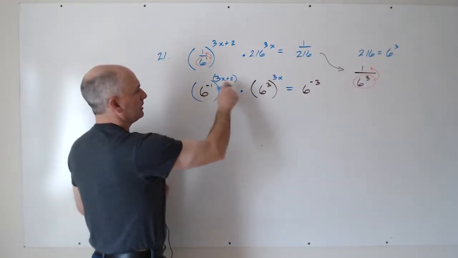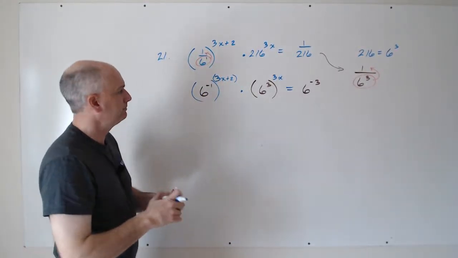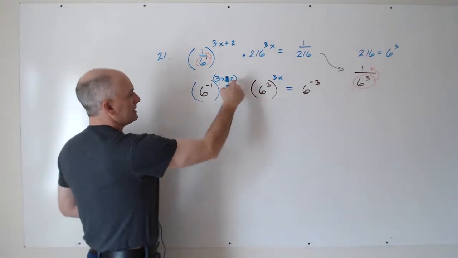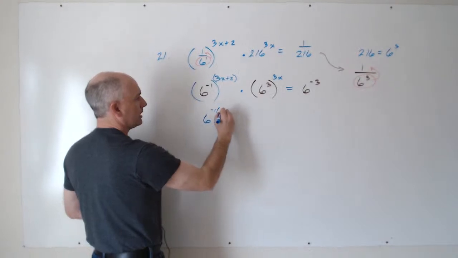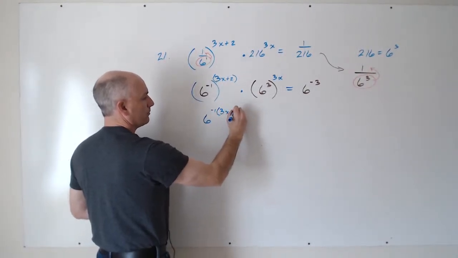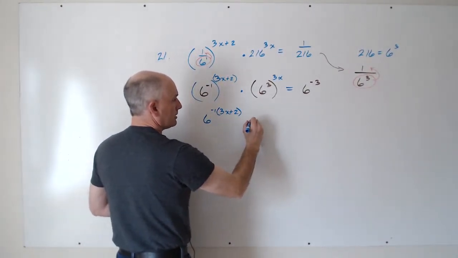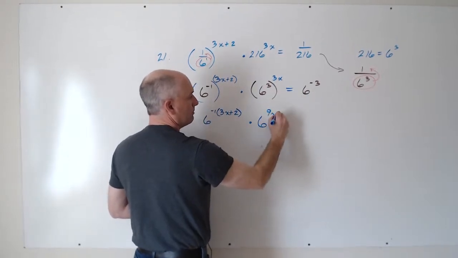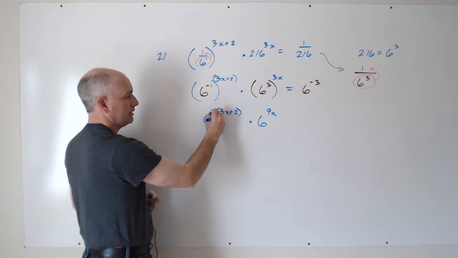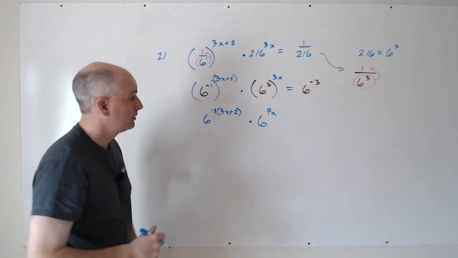So I've got to be a little careful. I want to get this all done. So I can say, in this first one, it'd be 6 to the negative 1 times 3x plus 2, times 6 to the 9x. I can go ahead and multiply those. The negative 1 here, I've got to make sure I distribute.